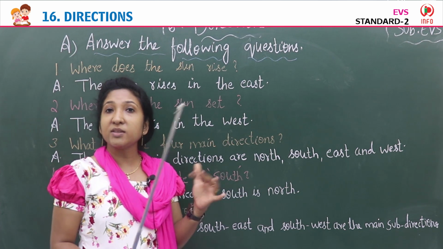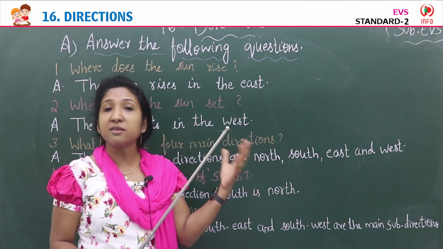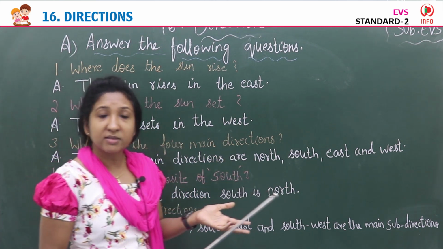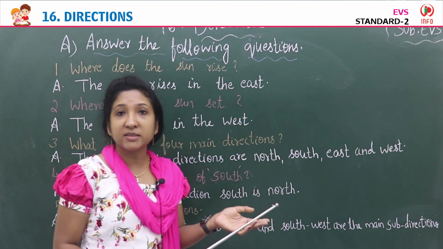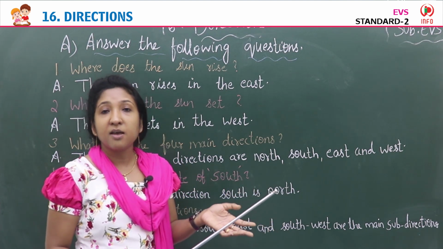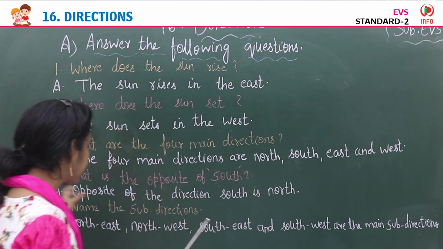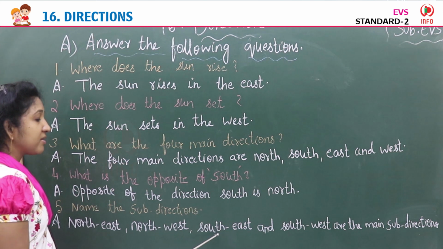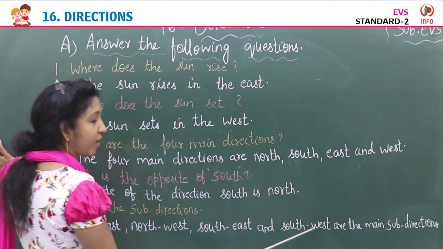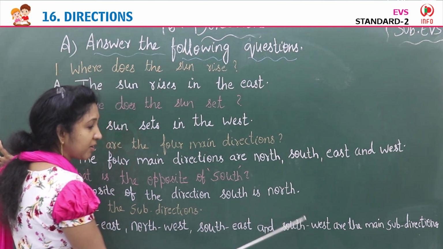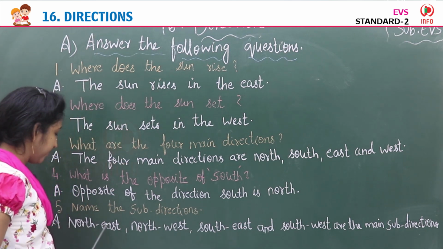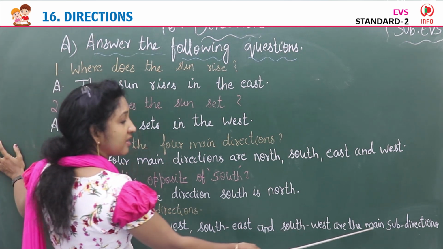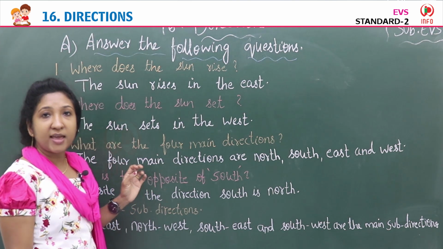Then halfway between south and east, southeast, then south and west, southwest. These are the sub-directions. Yes, so answer: northeast, comma northwest, comma southeast and southwest. When you are writing this, in between there is a small hyphen. Okay? Yes, these are the main sub-directions.